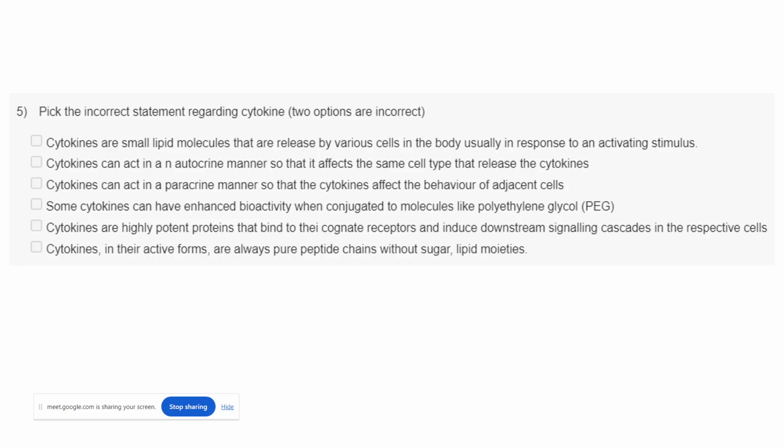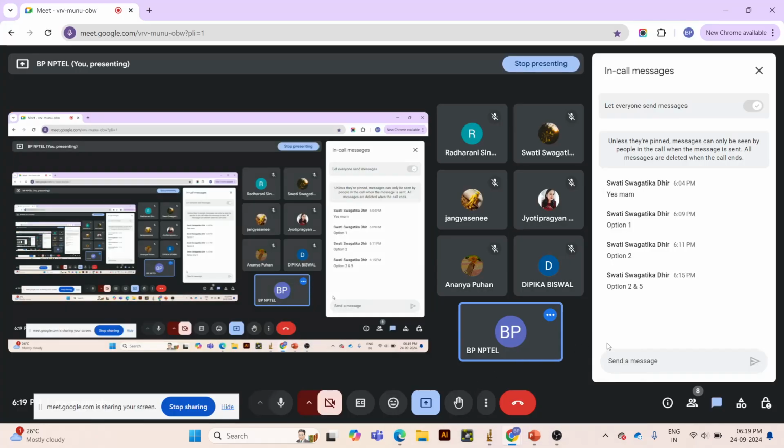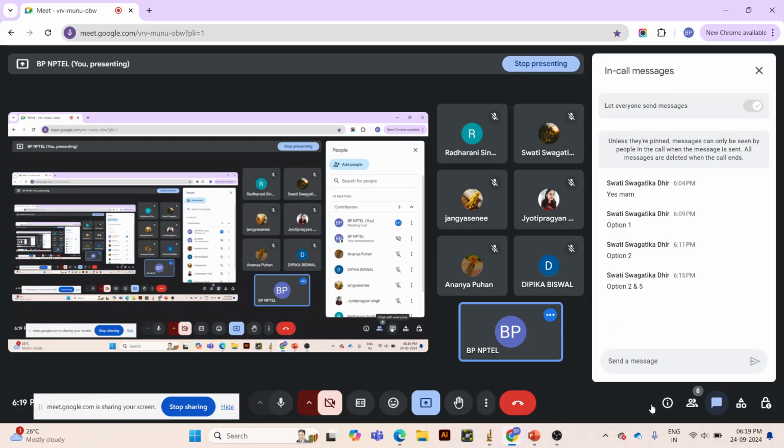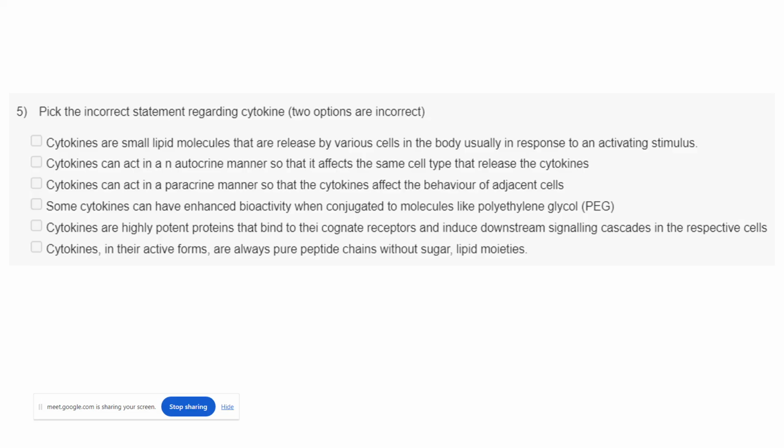Okay. Anybody else would like to answer? There are two incorrect options regarding cytokines here.